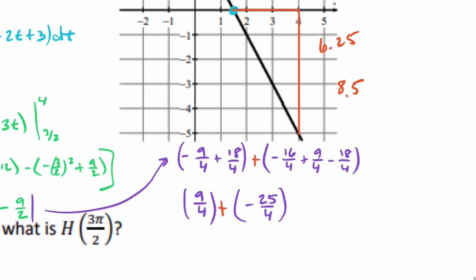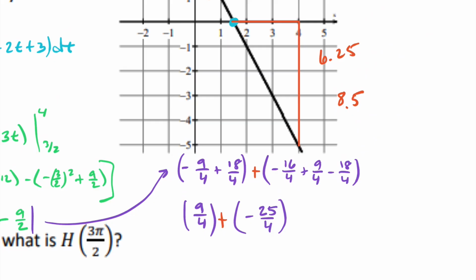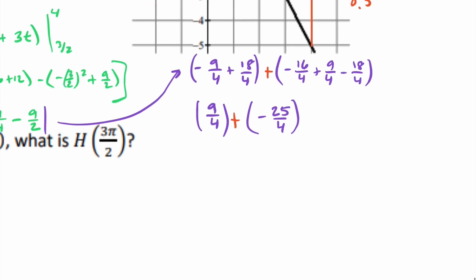Negative 25 fourths, that is 6 times 4 is 24, and then 25 is our last one. So it does work out to our negative 6 1/4. We are performing the absolute value operation to everything. So we get 9 fourths plus 25 fourths, which is 34 fourths or 8.5.